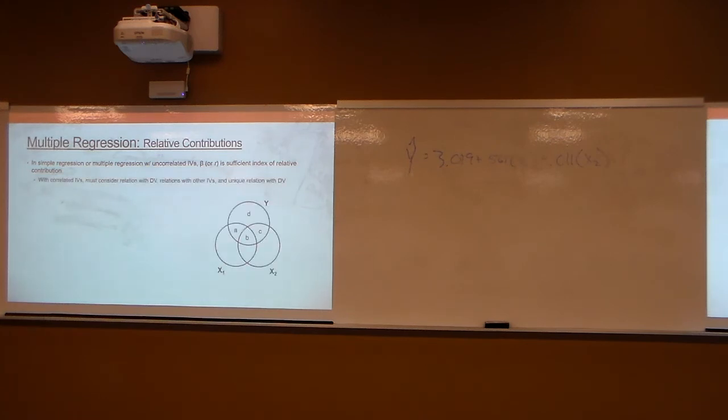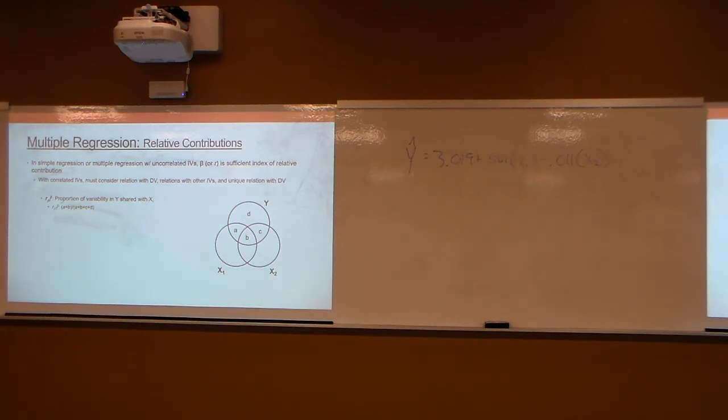But as soon as I start having correlated independent variables, I have to consider the correlation of my predictors with my outcome, the relation of predictors with themselves, and unique relations with our outcome. What we're trying to do is capture some measure of effect size.